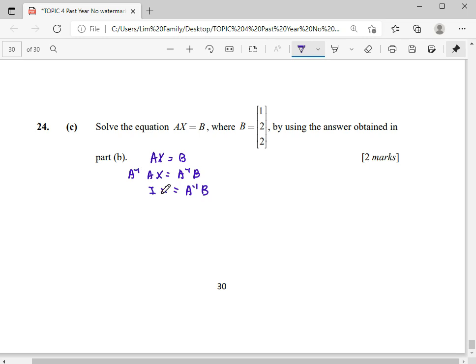Then identity times with matrix X will get still back matrix X. So in order to find this matrix X, we need to figure out A inverse times with B. So just now my answer of A inverse is this. So I take down my A inverse answer. And the matrix B here is 1, 2, 2.